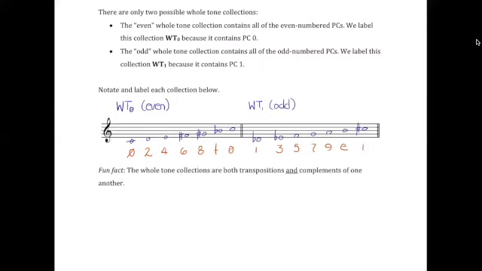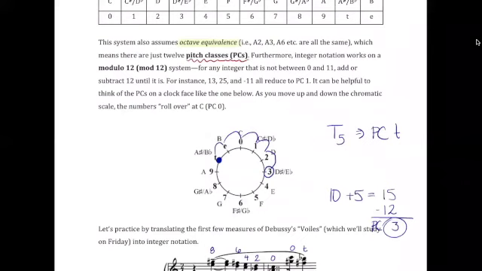Now I'm going to bring us back to the clock face one more time before I wrap up. Let's say that I want to map the even whole tone collection on the clock face. To do that, I'm just going to draw little nodes on all of the pitches. Now, if you look at the way that parses itself out on the clock face, if I were to divide this clock face this way, or quite frankly, any way, you would find that this system is symmetrical.